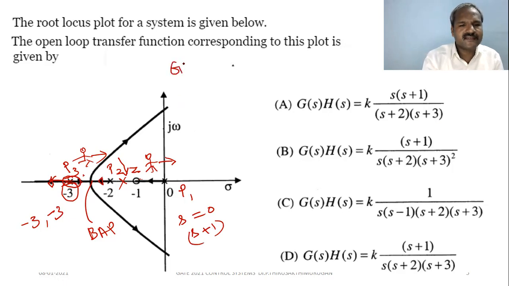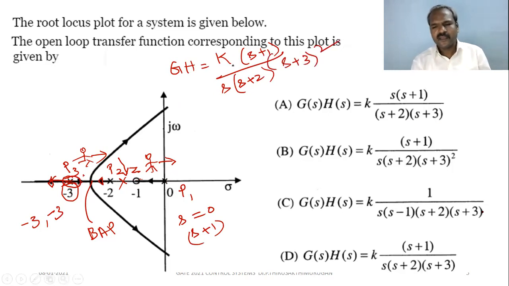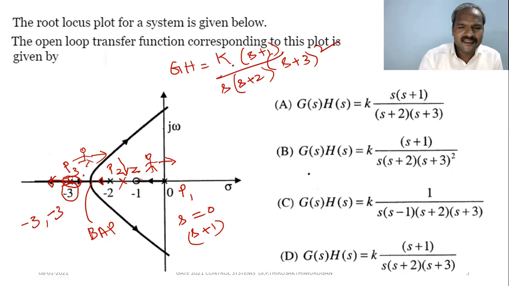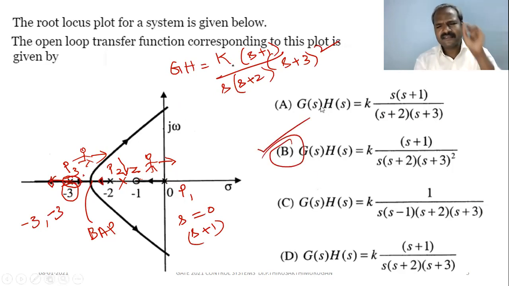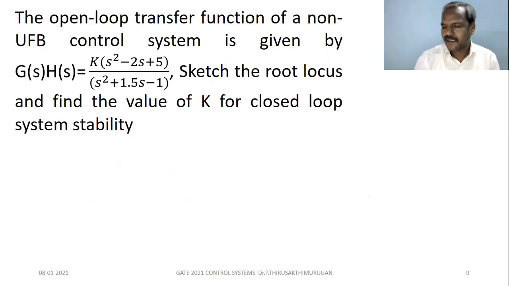So G(S)H(S) equals K into the numerator containing only one zero, that is S plus 1, divided by the pole at 0, S, the pole at -2, S plus 2, and there are 2 poles at -3, so S plus 3 whole square. So which is the correct answer? B is the correct answer. Very simple technique, so you can do it very simply.